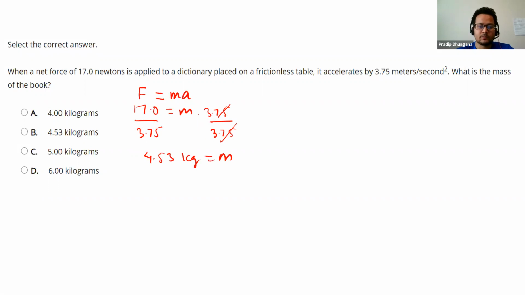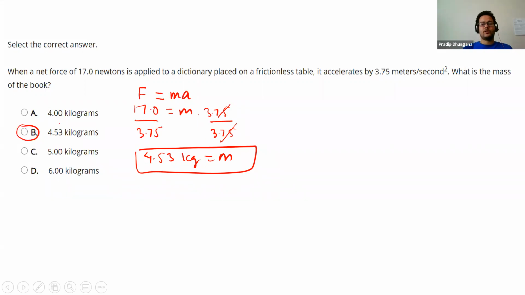That is the mass, so the correct choice is B, 4.53 kilograms. At first we used F equals ma, net force is mass times acceleration, and then we plugged in the value of net force and acceleration to solve for mass.